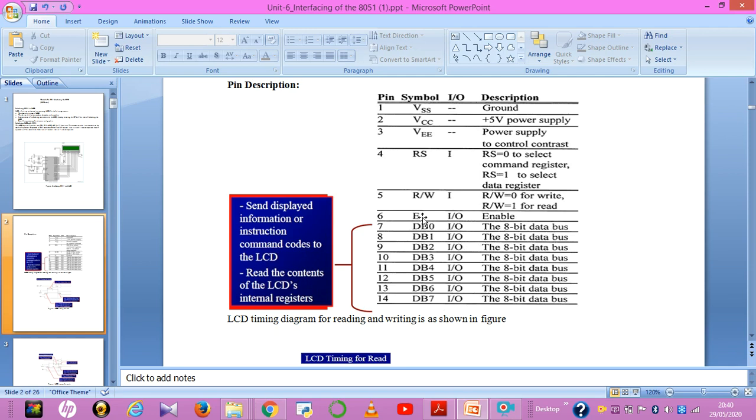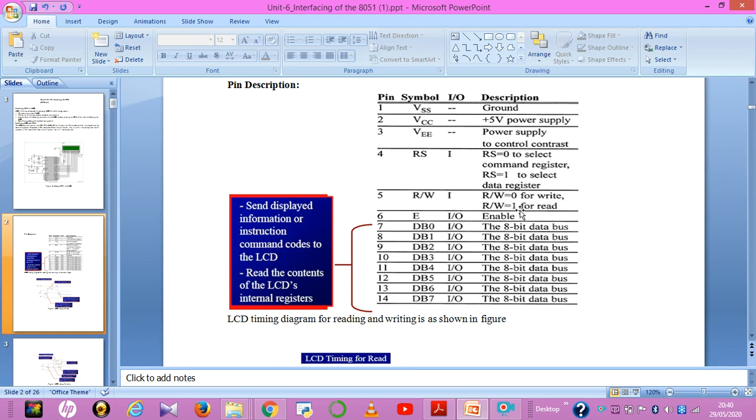Pin number 6 is E, which means enable. You are going to use it to enable getting the data. Pin number 5 is read bar W, it's only used as input. Read/write equal to 0 performs write operations.